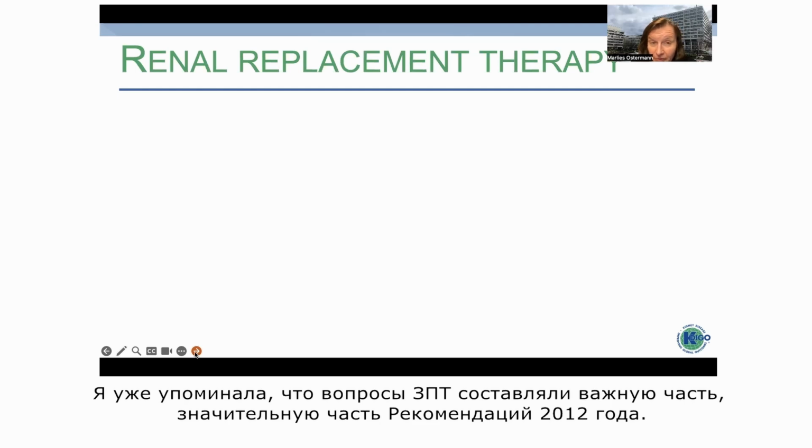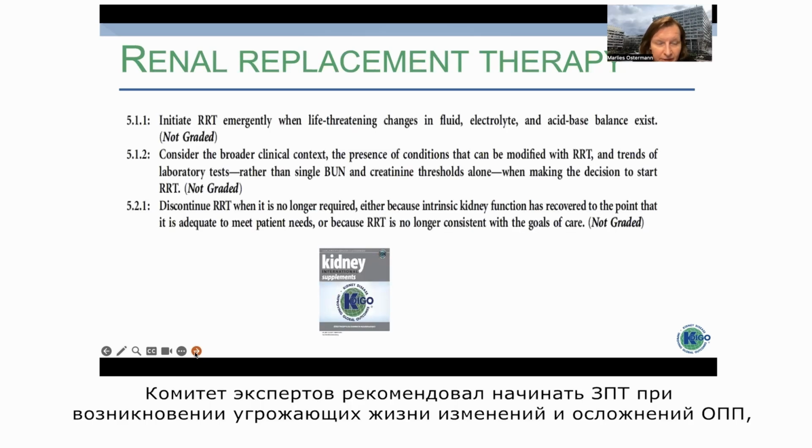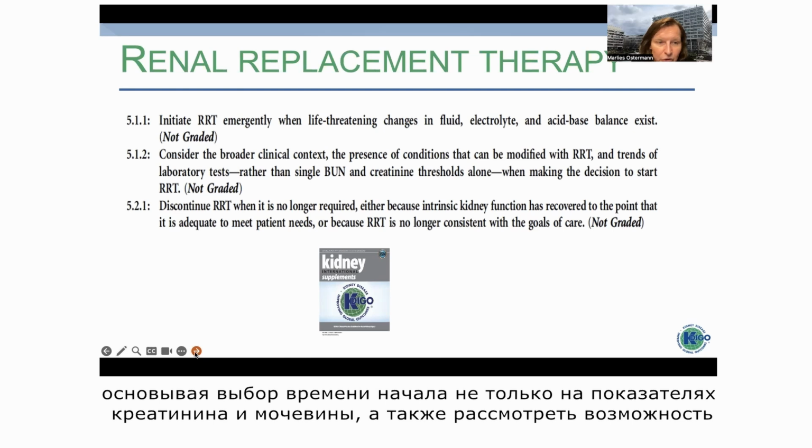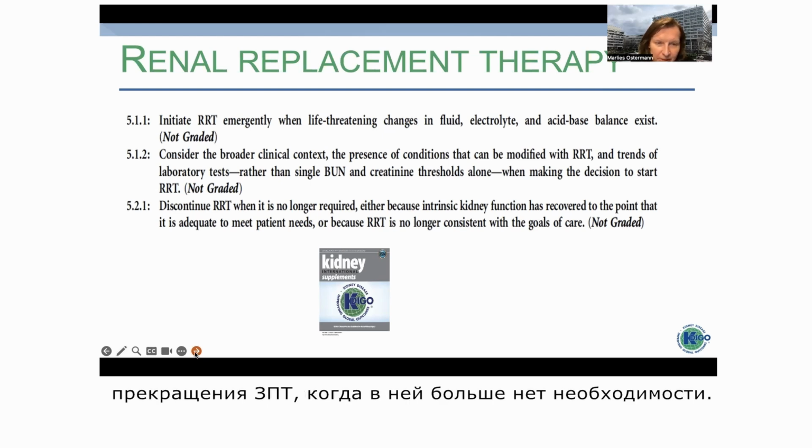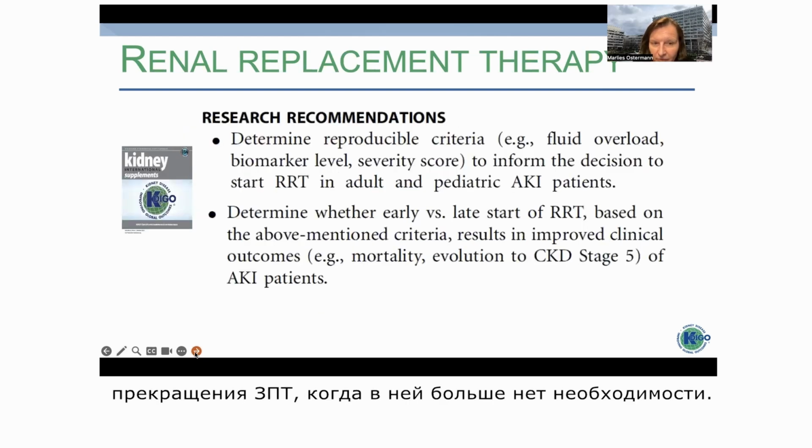I've already mentioned renal replacement therapy formed an important part, a large part of the 2012 guideline. At that time, the expert committee recommended to initiate renal replacement therapy when life-threatening changes and complications of acute kidney injury occurred, to base the timing not only on creatinine and urine BUN values, and to consider stopping renal replacement therapy when it was no longer necessary.